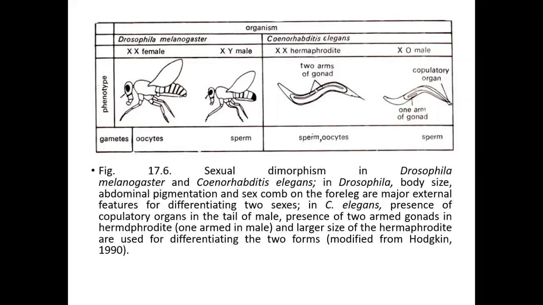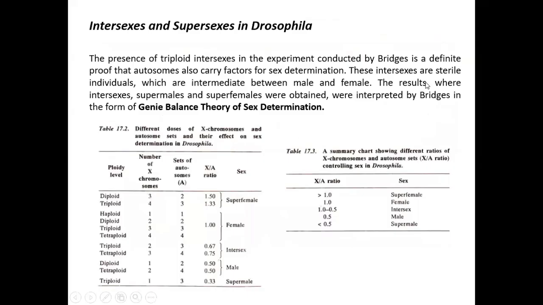So that suggests that a threshold is operating in each case, which is an excellent example of a threshold response. And here also you can see the triploid intersexes.